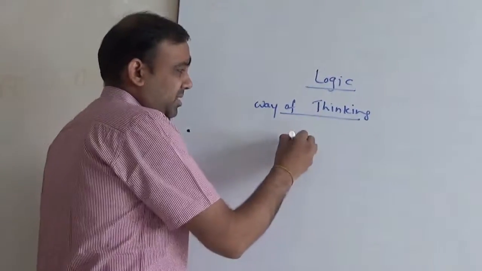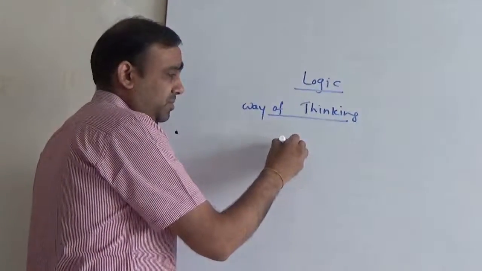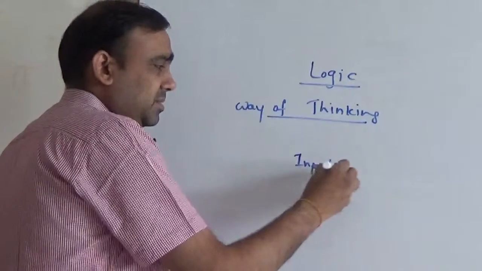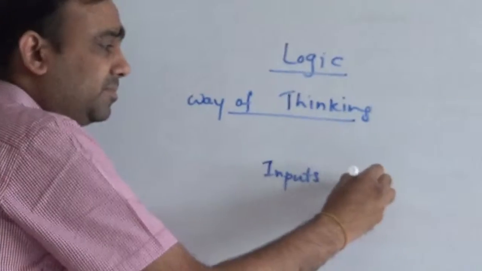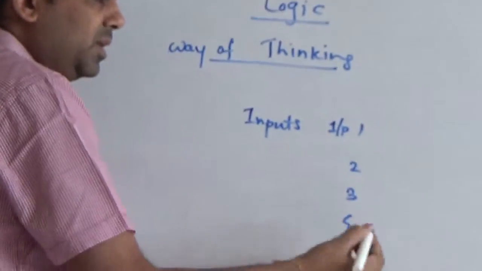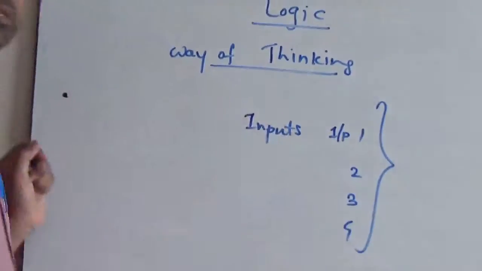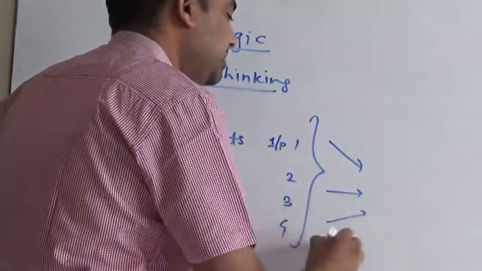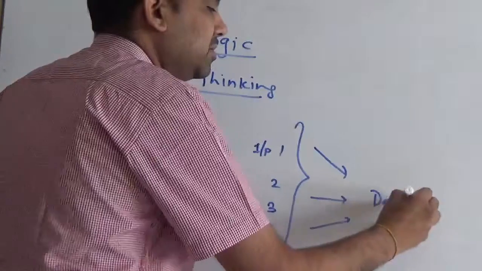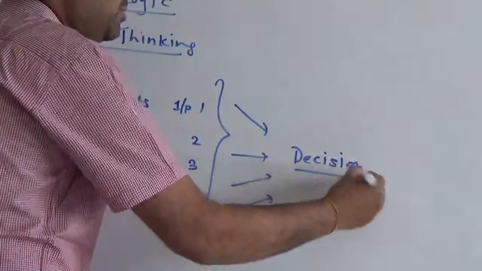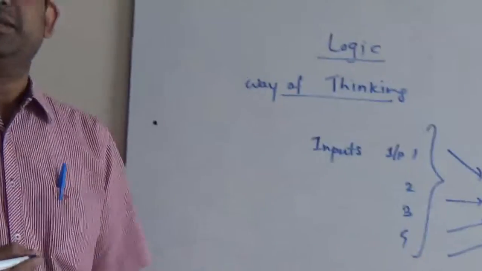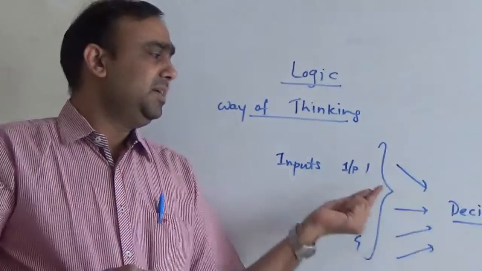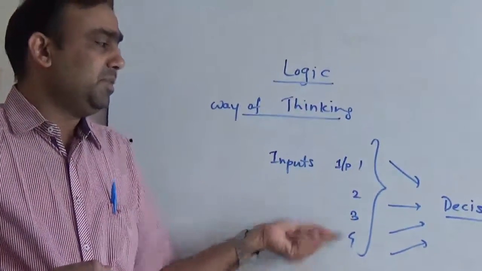So we have some inputs. For example input 1, 2, 3, 4, and looking at these inputs I have to take some decision. This decision that I will take is based on the inputs, based on the circumstances. अभी मुझे कोई decision लेना है और decision लेते वक्त मेरे सामने कुछ inputs हैं.